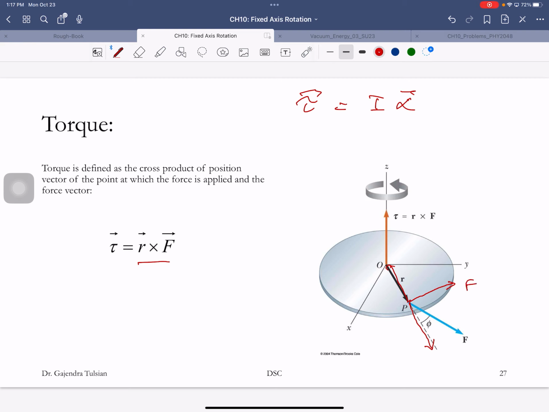So the magnitude of the torque is RF sine phi, where this is R and there is the phi. This will be maximum when this angle is 90 degrees, and the torque will be maximum.